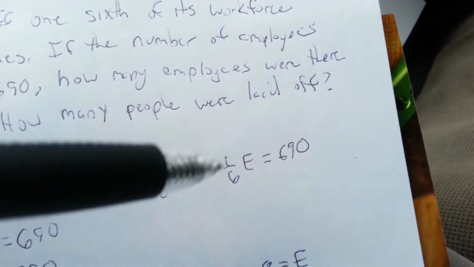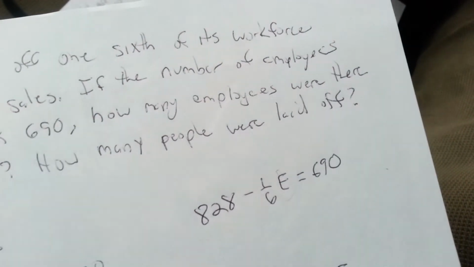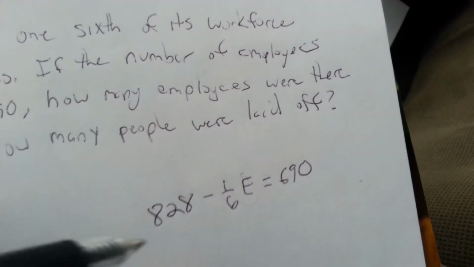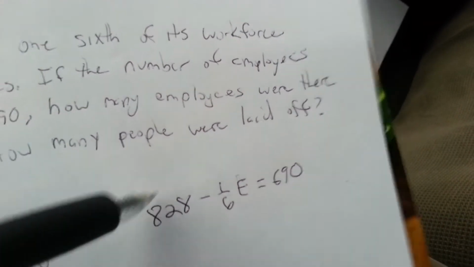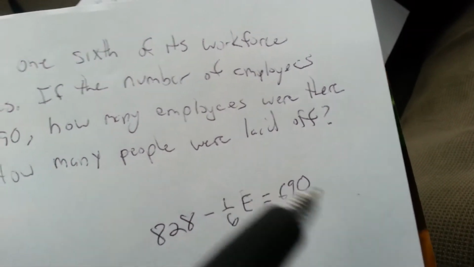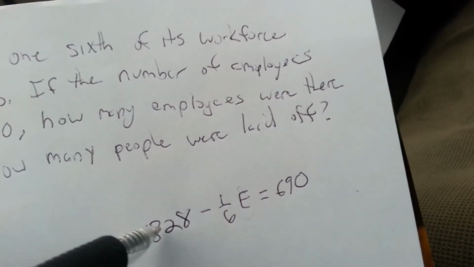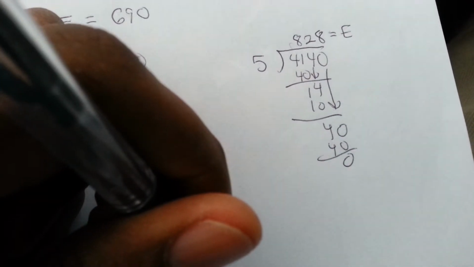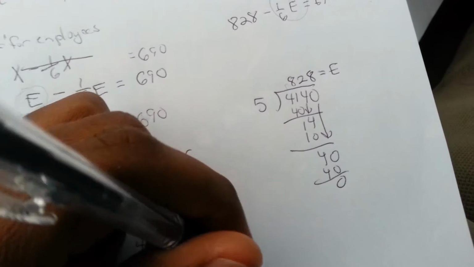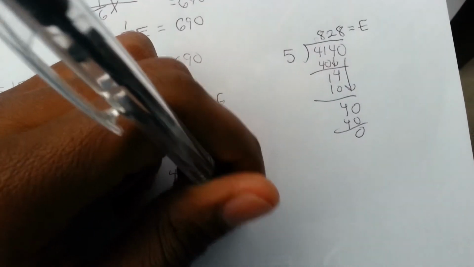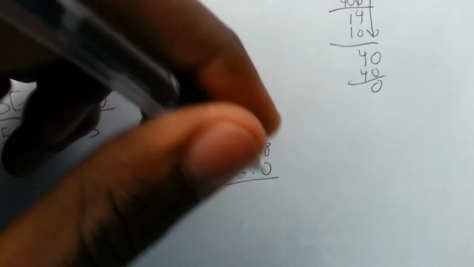It gives us 690. To find out what 1/6 is, all we have to do is subtract the 690 employees that are left from how many employees we started with. So we have 828 minus 690.